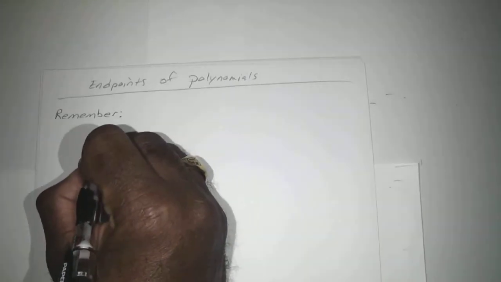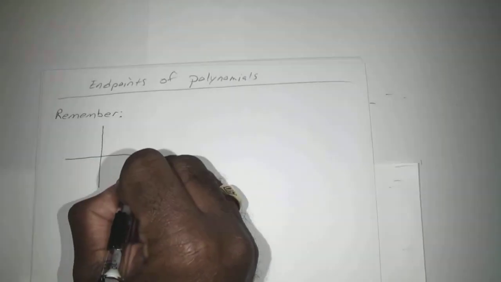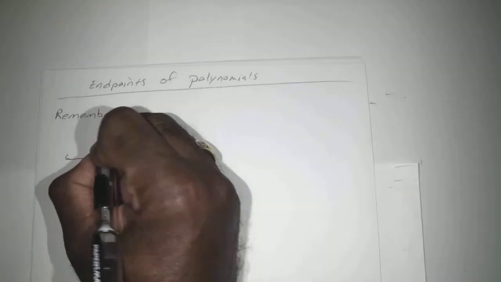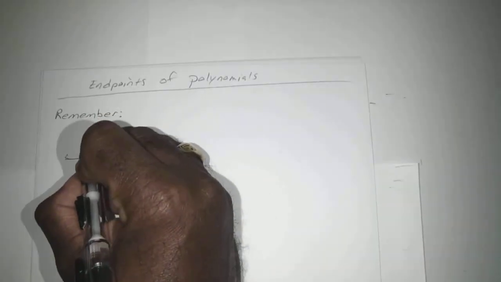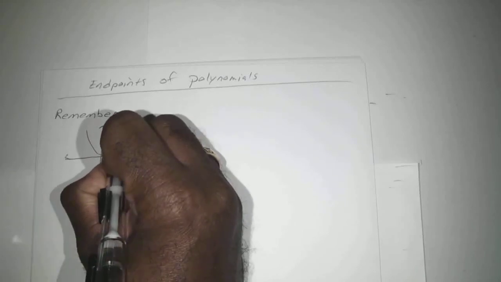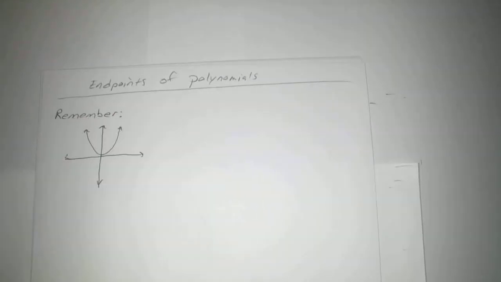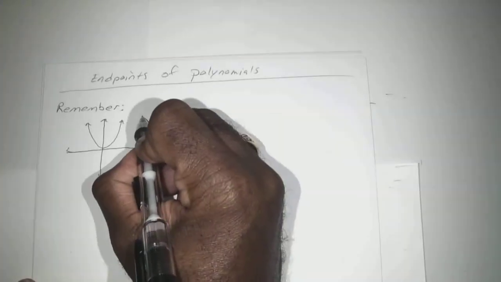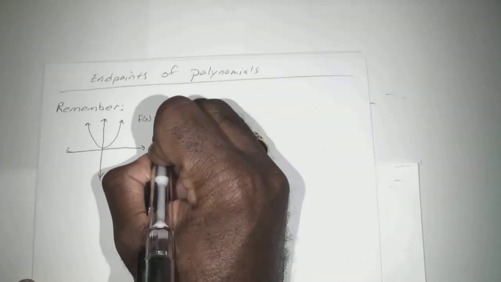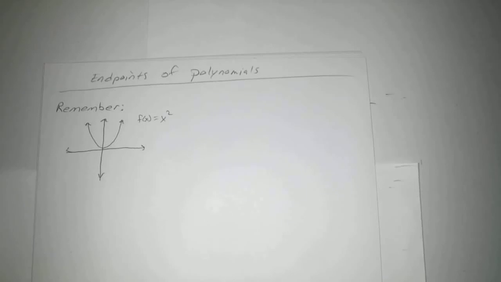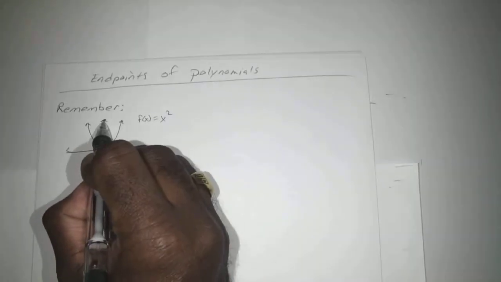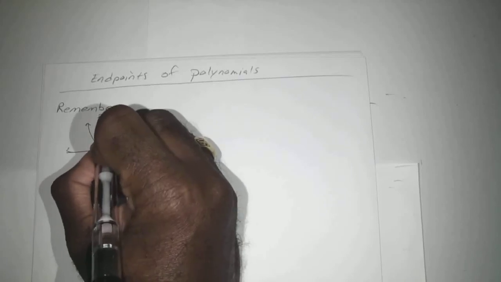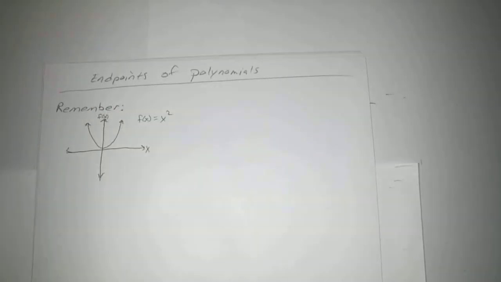Okay, so let's say we have the graph of f of x equals x squared. Remember that just looks like that. So this is your x-axis, and this is your y-axis, or you can also call it your f of x, since y is equal to f of x.